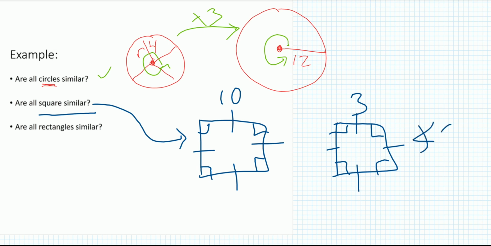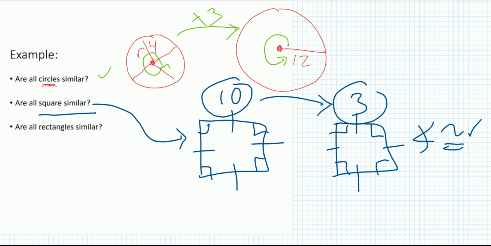Well, they definitely have the angles being congruent in both shapes because they're all 90. Now we have to see, is there a scale factor? Well, if you really think about it, you go from 10 to 3 by multiplying it by 0 point something. And it's going to be the exact same thing for all the other sides, because we're talking about squares. So therefore, these are similar as well.